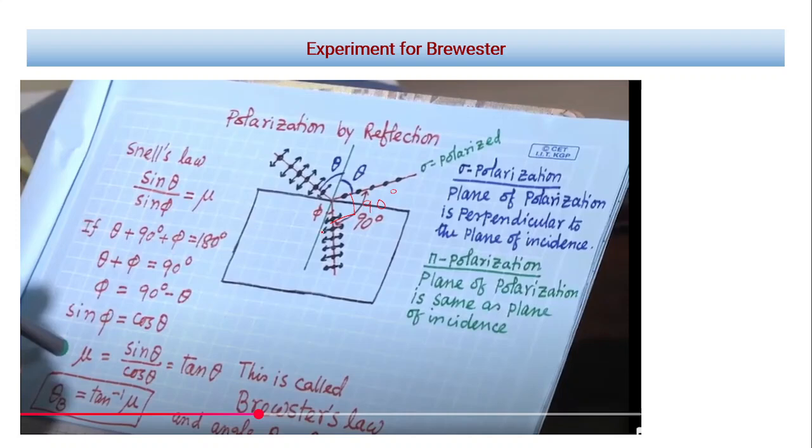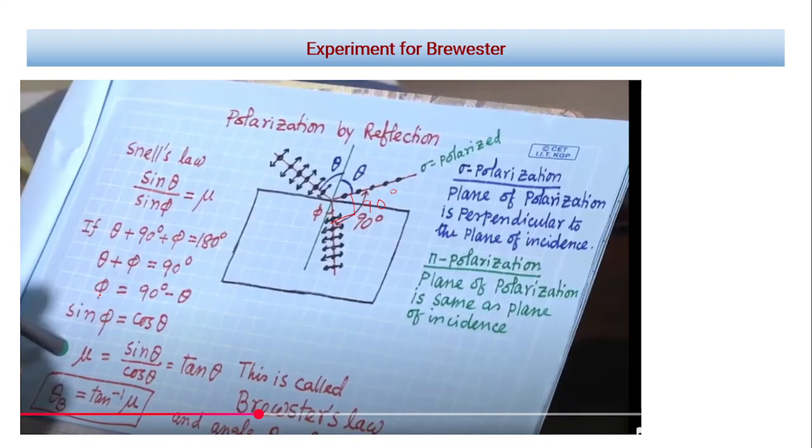When this situation happens, then this reflected light is polarized. So from Snell's law, we know all these angles: theta, this phi, the refraction angle, the reflection angle, and the angle between the reflected and refracted light is 90 degrees.